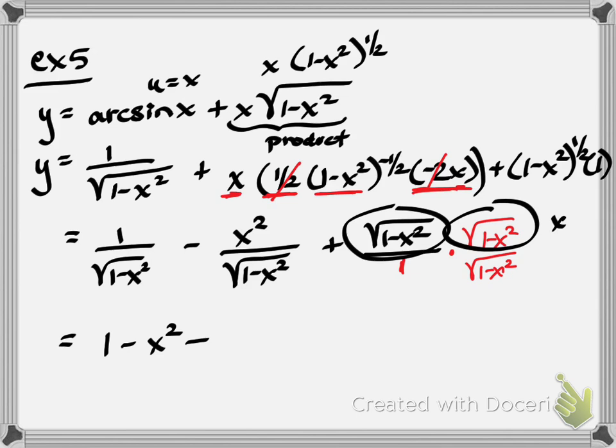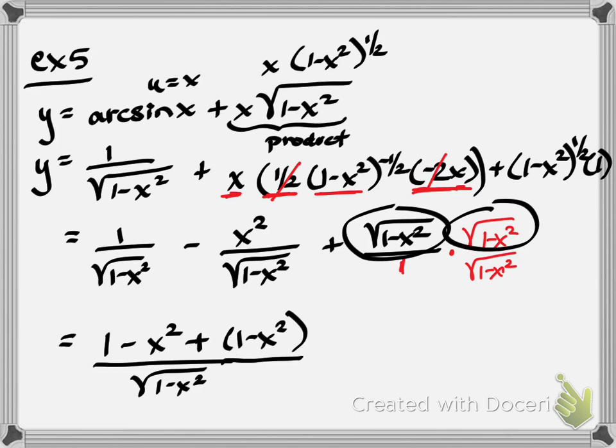What's something to the half power times another something to the half power? Multiply like bases, you add exponents. So it's to the first power now. So we have just plain old 1 minus x squared all over the square root of 1 minus x squared. And that shouldn't be a minus, it's a plus there.